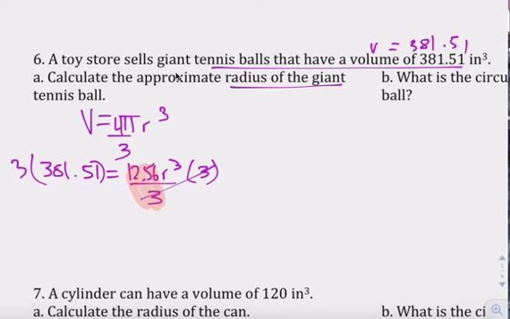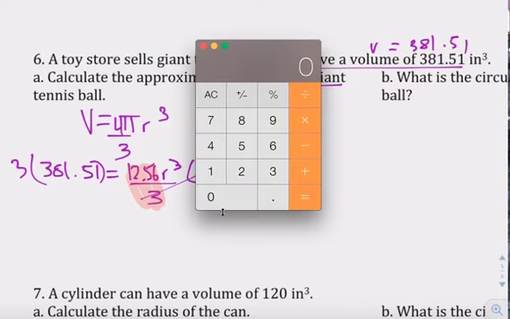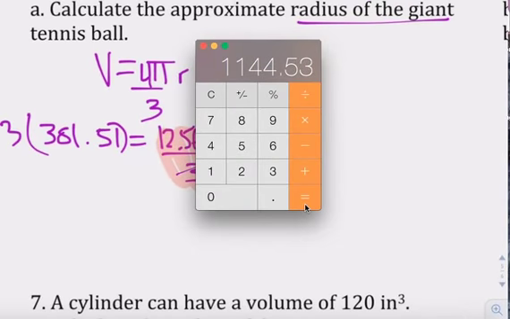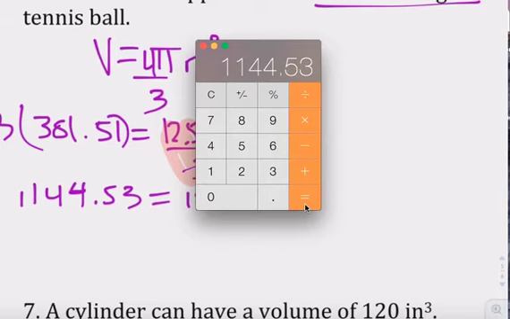Okay, so you get instead 381.51 times 3. So you get 1144.53 equals 12.56 r cubed.